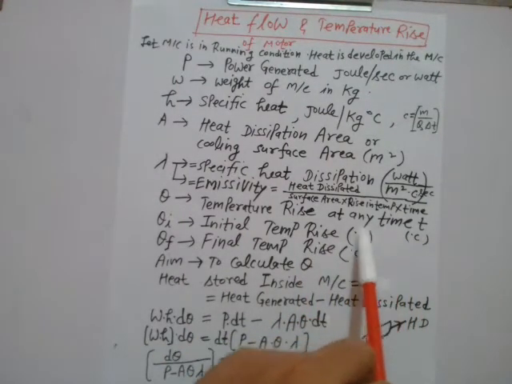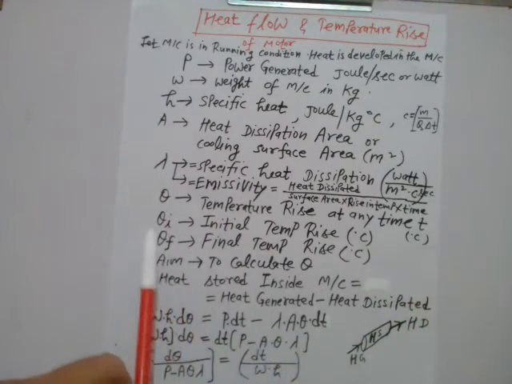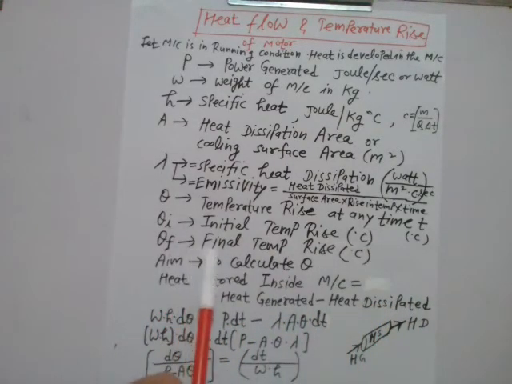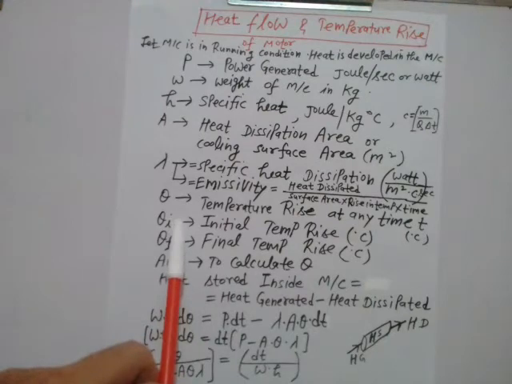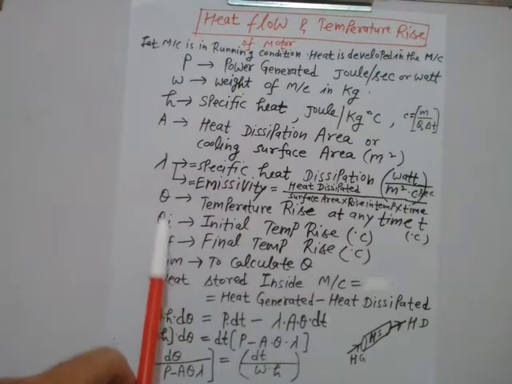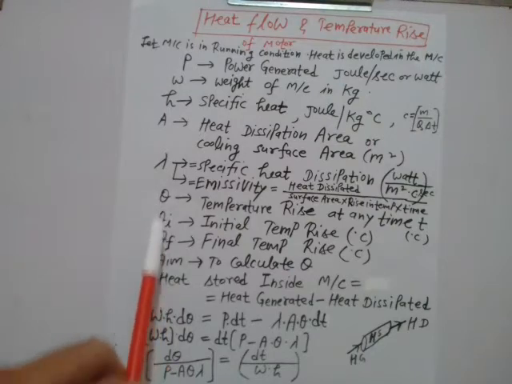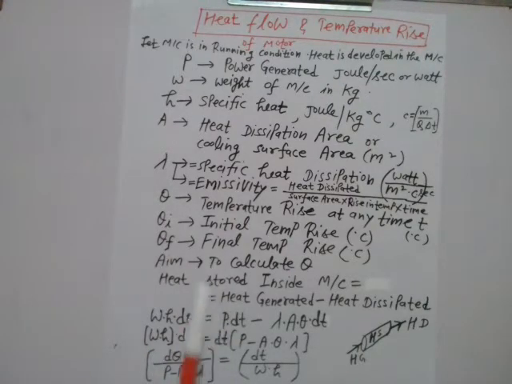Theta i is the initial temperature rise and theta f is the final temperature rise in degrees Celsius. Suffix i stands for initial, suffix f stands for final. So this theta is basically temperature rise, and our aim is to calculate this theta.